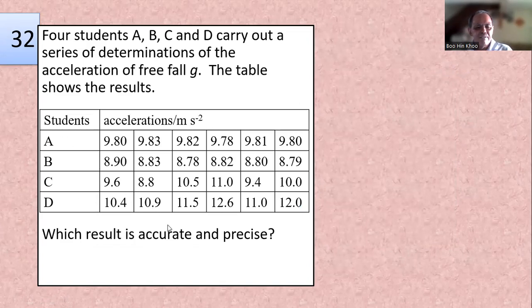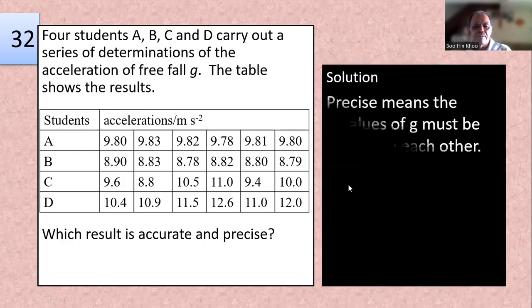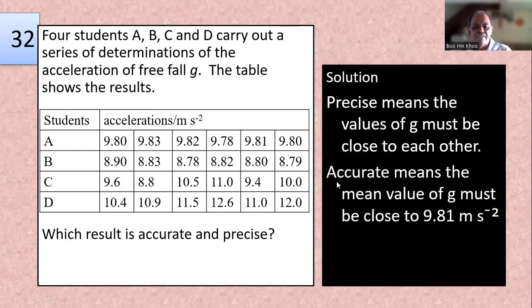Precise means close together. For accurate, you have to compare to the true value. Precise means that the values of g must be close to each other. Accurate means that the mean value of g must be close to 9.81. So this one cannot be accurate.